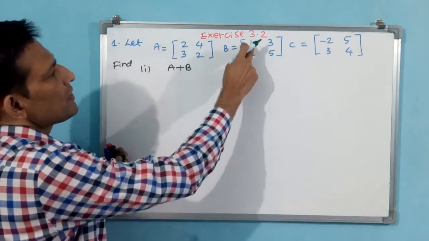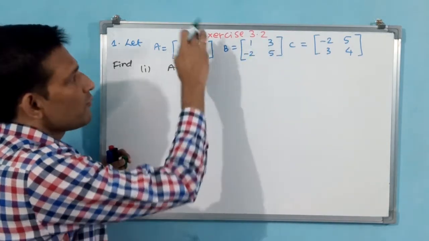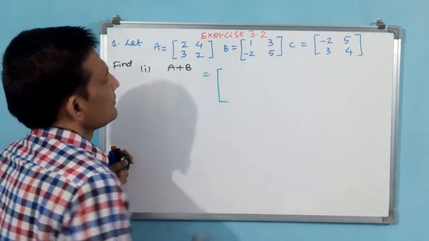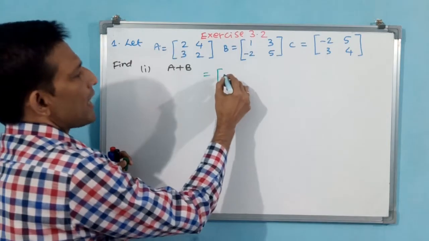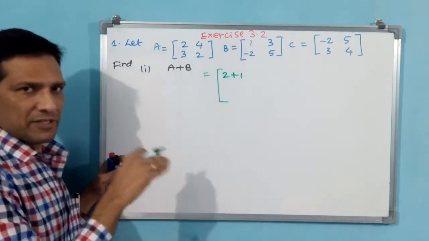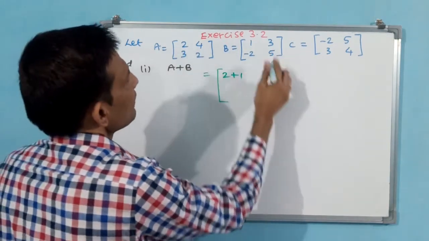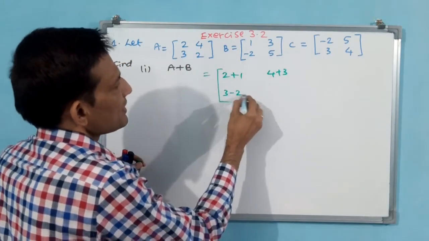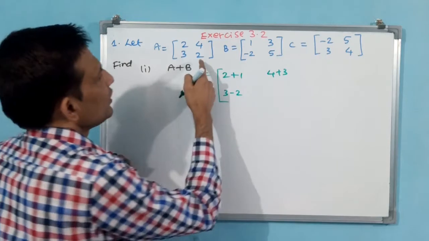That means 2 plus 1, 4 plus 3, each written in its own place. I am writing like this: 2 plus 1, 4 plus 3, 3 minus 2, because 3 plus minus 2 means 3 minus 2, and 2 plus 5.